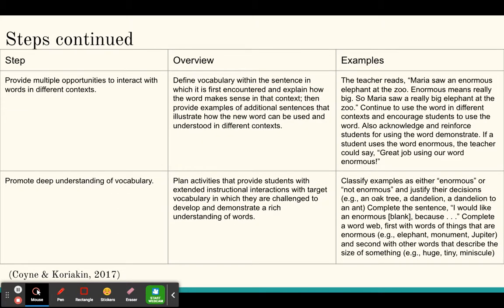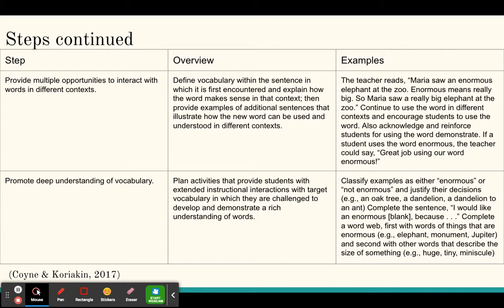The next step would be providing multiple opportunities to interact with words in different contexts. So examples of that, you want to define vocabulary within the sentence. Say you read a sentence and that word is in there. You might define that vocabulary word for how it's used in that sentence, and then explain, okay, how does this word make sense in the context of the sentence, or maybe even the context of the paragraph, or the context of what you're working on as a whole.